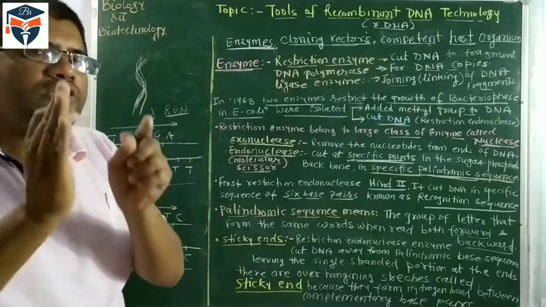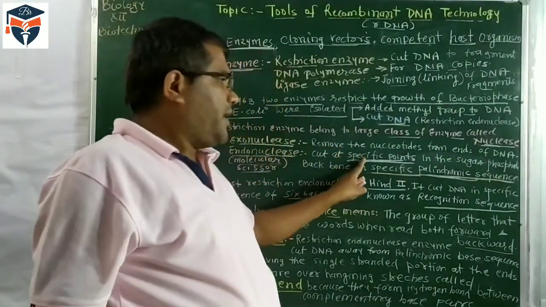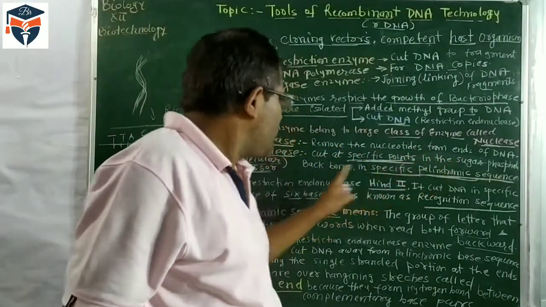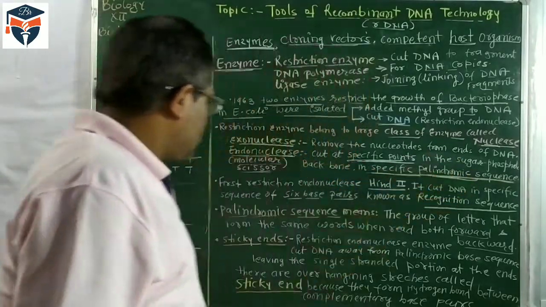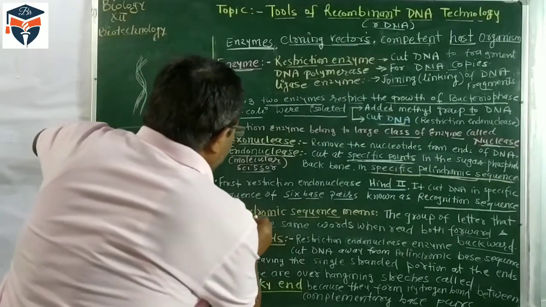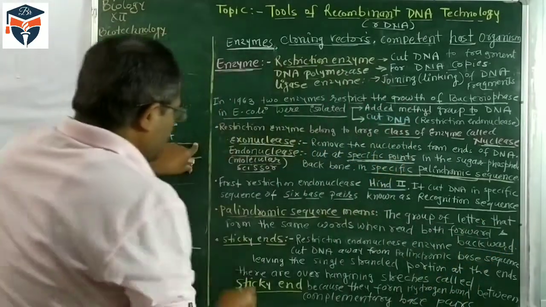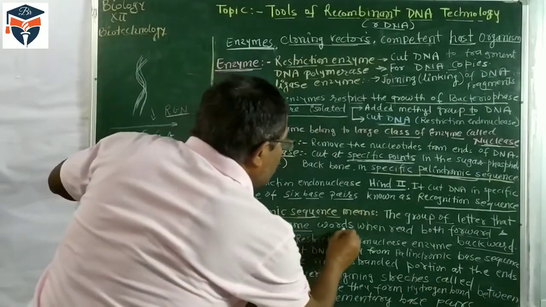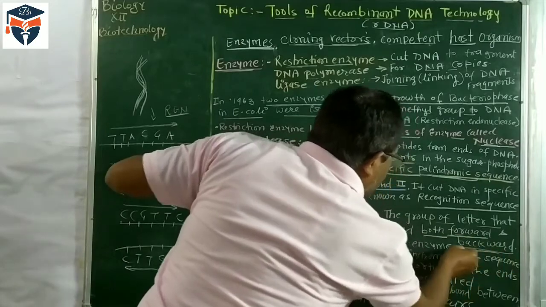So what is a palindromic sequence? The restriction endonuclease enzyme cuts at a specific point in the sugar phosphate backbone and in a specific palindromic sequence. A palindromic sequence means a group of letters that form the same word when read both forward and backward.